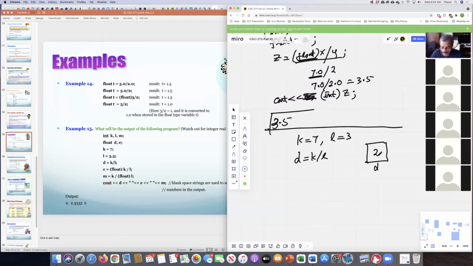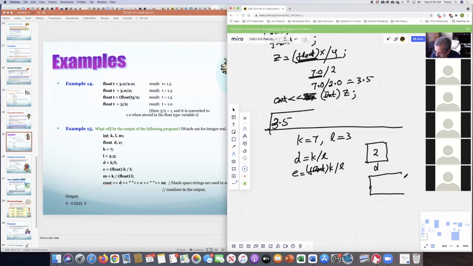And the next line is E equal to float K over L. And that means you're converting the K to float. 7.0 will be divided by 3 now. So 7.0 divided by 3 means you're going to get the correct answer because they both will be converted to float and the answer will be float.